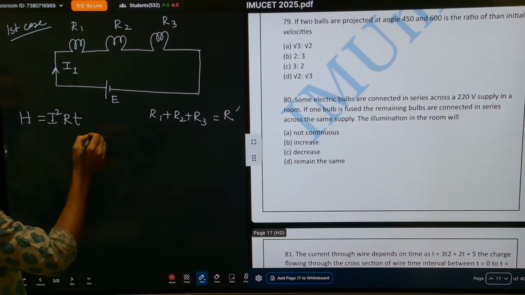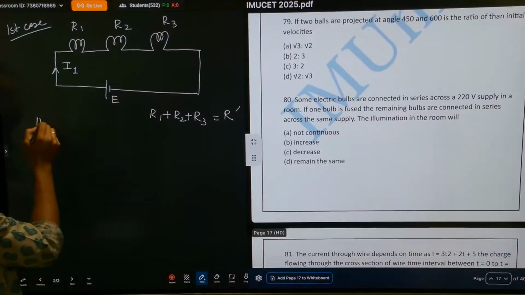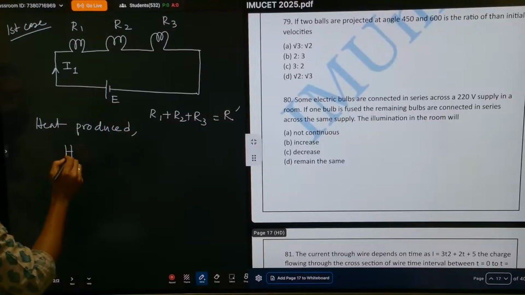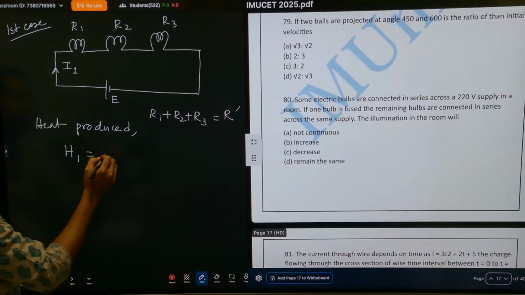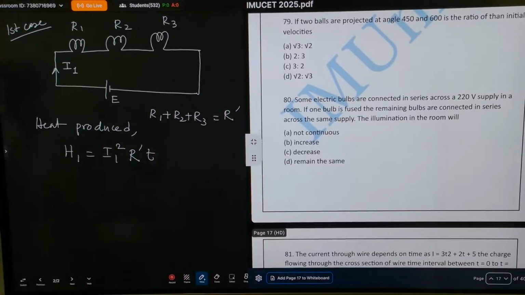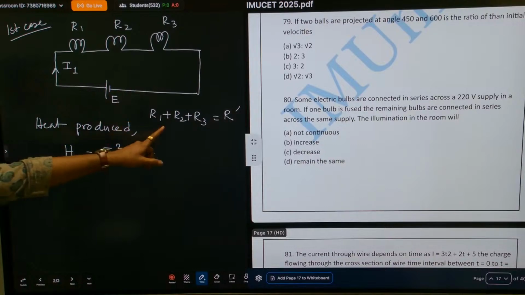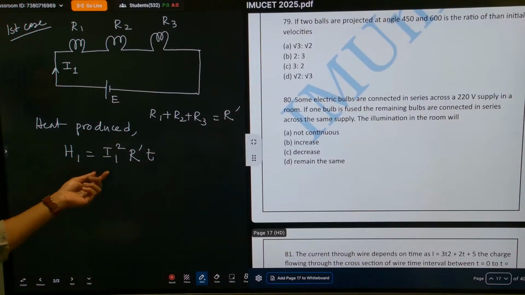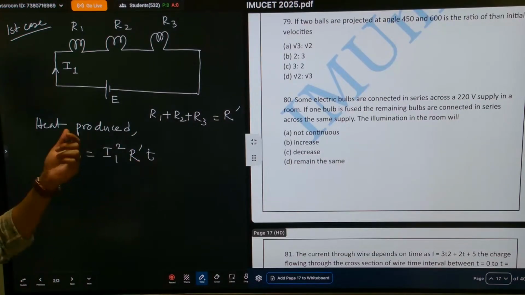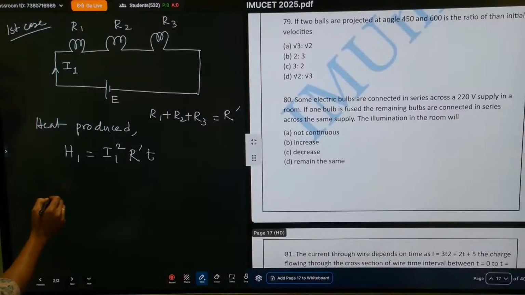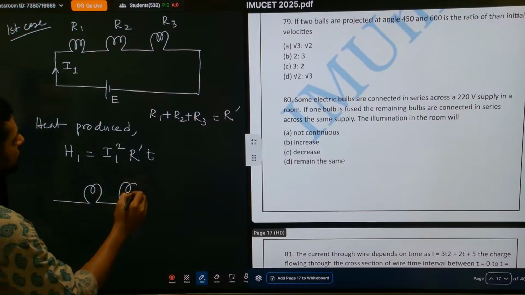Now, heat produced H1 in the first case, what will it be? I squared R T. Okay. Do you get this? Three resistances in series. Sum of them, let's say R dash, the addition. Then heat will be I squared R dash times T for the same time. Now, in the second case, there are only two bulbs.